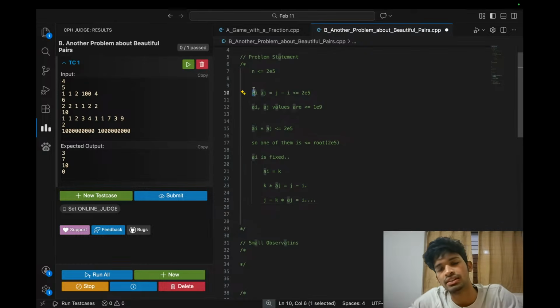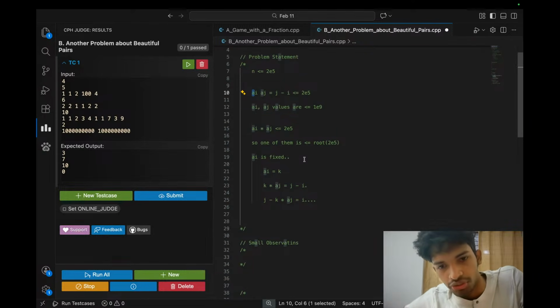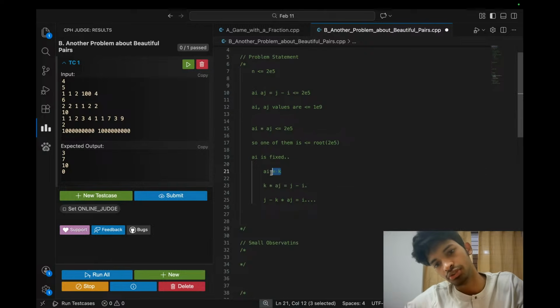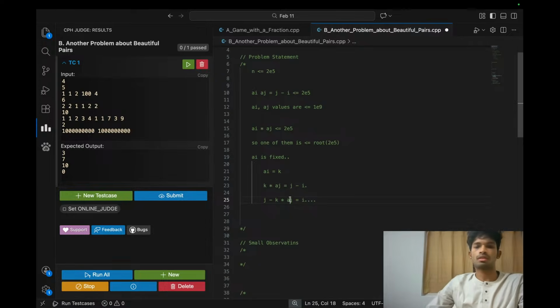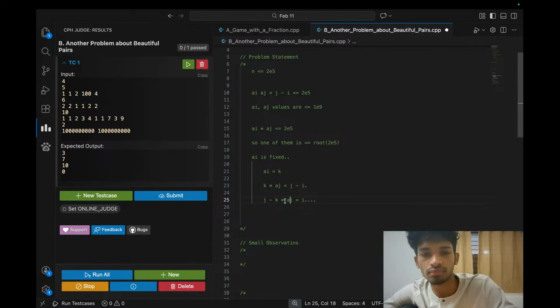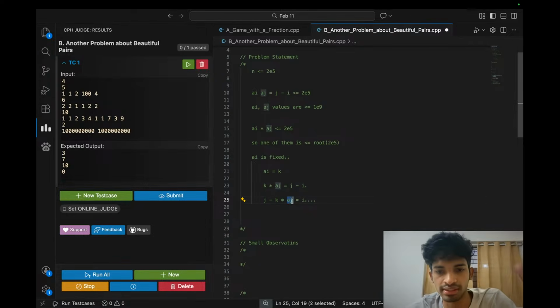Let's say you're fixing ai's value, where ai's value is less than or equal to k, and then we'll go over all such values, okay? For each of these values, we want the number of indices j such that this equals i. So what do we do?